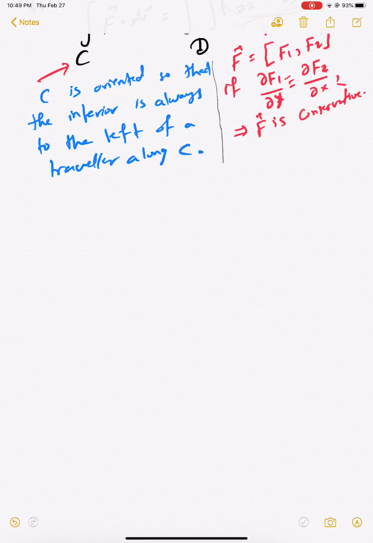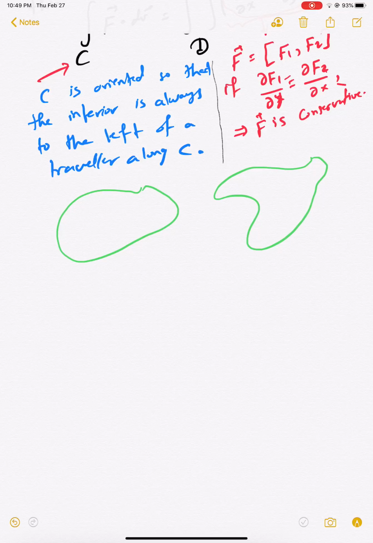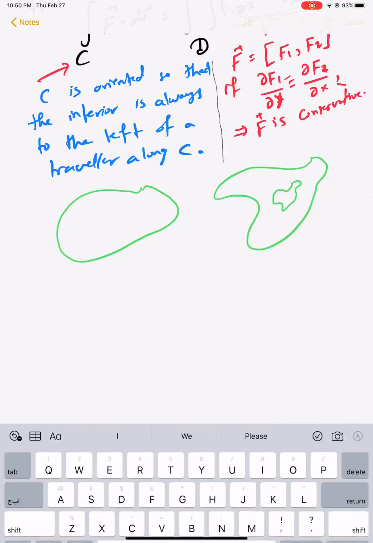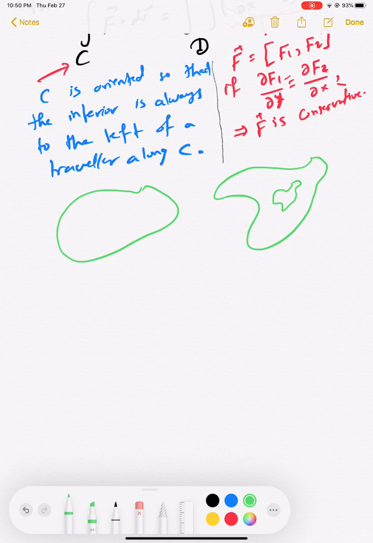Let's draw some closed curves to clarify this. This is a closed curve. This is another closed curve, but it's not this closed curve only. So we have two closed curves like that. So in the second case, my curve consists of two curves.